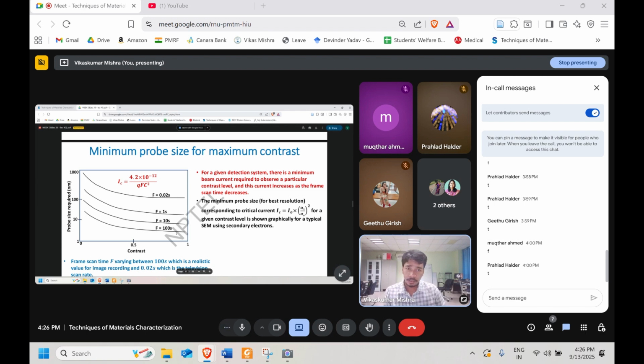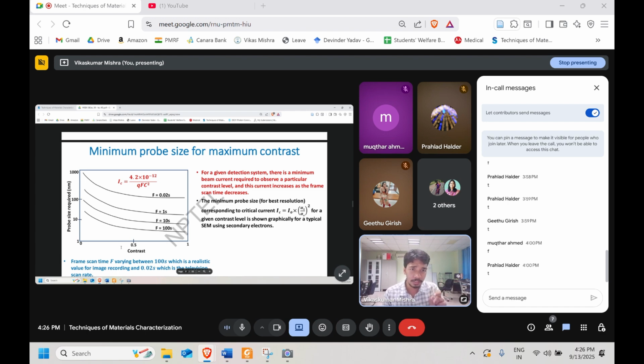So from the left, if I keep increasing the current, it means that the probe diameter on average is going to increase. So from here we are going to the larger side. What does it mean? It means that the contrast is going to be reduced. So that's why a very large current is not preferred.